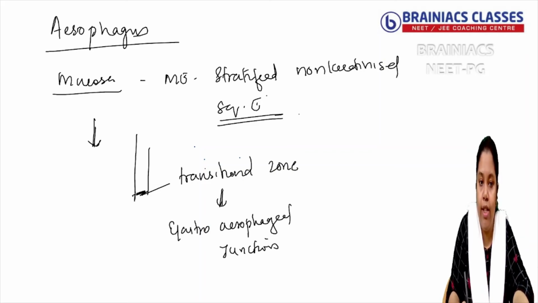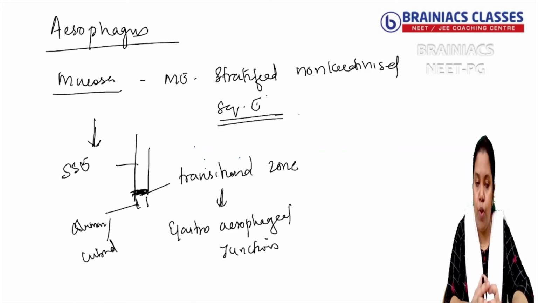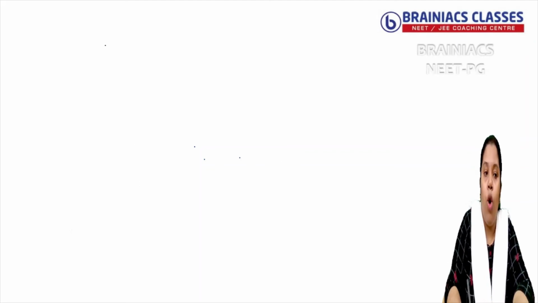Till this line it is stratified squamous epithelium. Below that there will be columnar or cuboidal epithelium, and this is the place where the epithelium transforms. I told you this transitional zone is subjected to metaplasia.